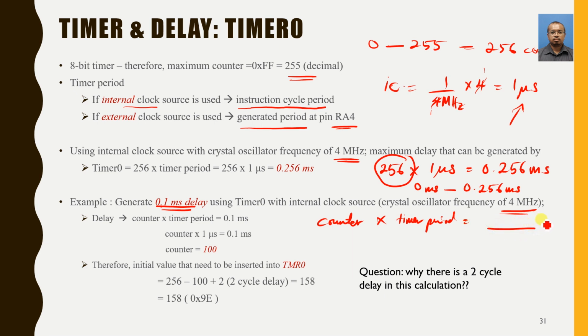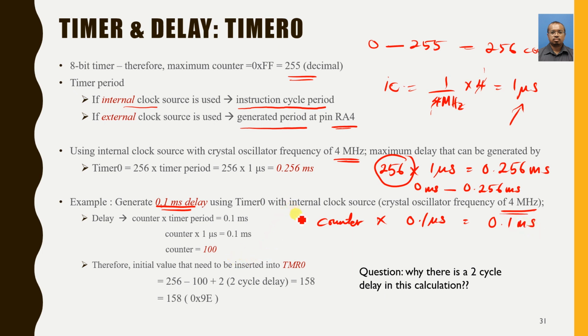You will have the total time, right? So in this case, you have 4 megahertz frequency, meaning the timer period is 0.1 microsecond, and we need the total time to be 0.1 millisecond.